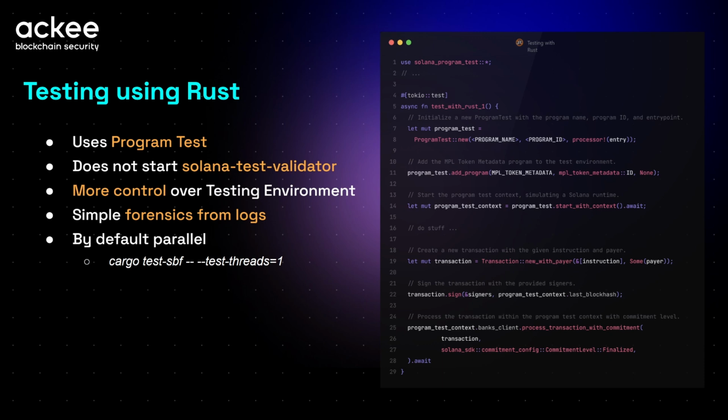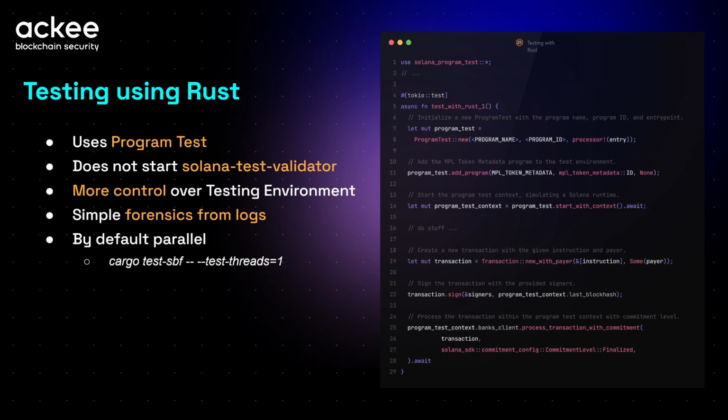The tests written using Rust and the program tests are by default parallel. That means if you have specified 4, 5, 6, 7 tests, each test is executed in parallel. But for forensic purposes, you would like to execute them not in parallel, but sequentially using one thread.